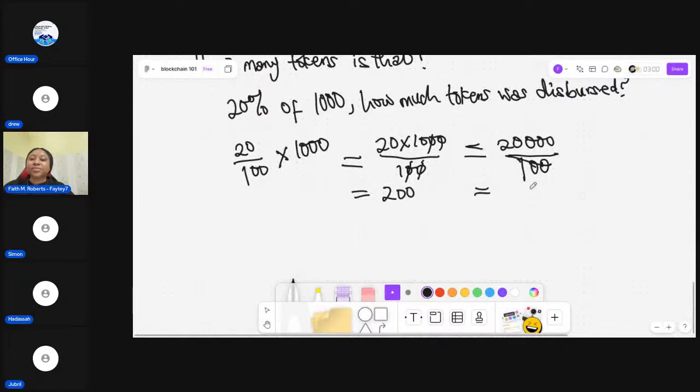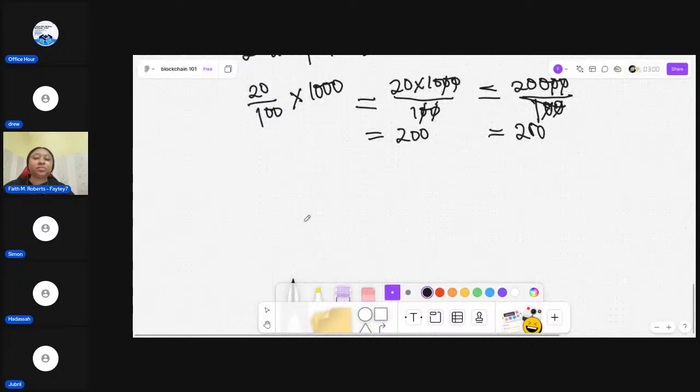In this scenario, cancel, you get 200. So any way you decide to write your logic, you can either just remove immediately, or you can times it together and remove the same thing; that happens. Now you get 200.